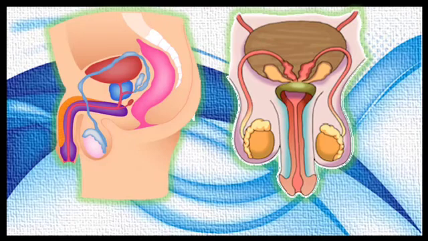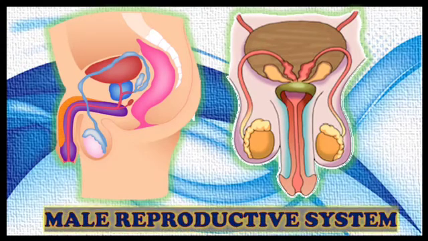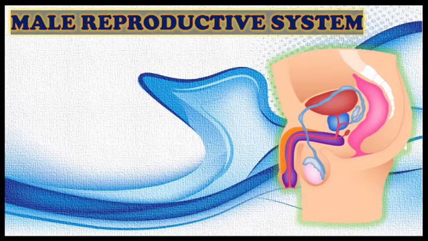Study the two pictures below and identify if it's a male or a female reproductive system. So what do you think? Or what do you call this picture or illustration? Yes, exactly. This model or this picture is what you call the male reproductive system. So let us start talking about the parts and functions of the male reproductive system.